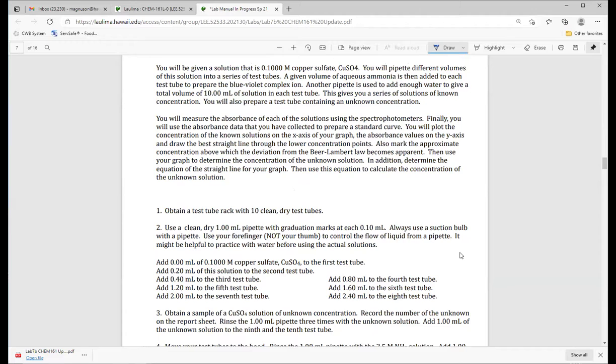And so we're going to measure the copper sulfate. All we need is to measure the concentration of the copper. The copper is the limiting reagent, because we're going to use excess ammonia, right? So we just need to know the concentration of the copper. So it's 0.1 molar copper. If we just measure the concentration of the copper, that will tell us the concentration of the copper amine complex.